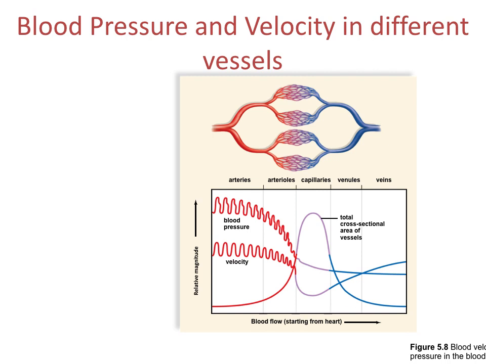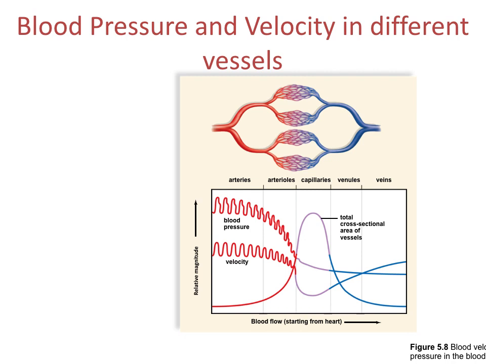It says blood flow starting from the heart, meaning the left side is from the heart, and as we move to the right, we're getting away from the heart. Y-axis is relative magnitude, so they're not giving you a unit, but just think lower. The bottom of the y-axis is less, let's say, pressure units than the top.